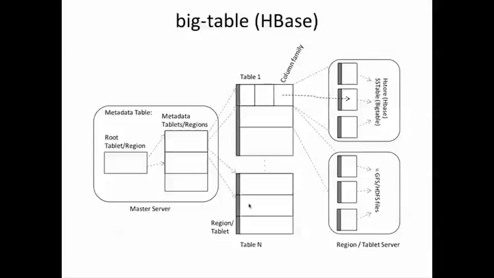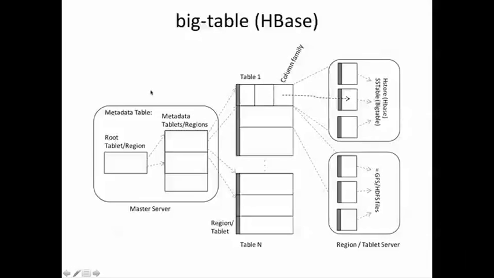Of course, in order to access any particular record, we need to know which tablet server that particular record and column that we're looking for falls in, and for that purpose there is a metadata table which keeps track of which tablet server a particular row lies in.